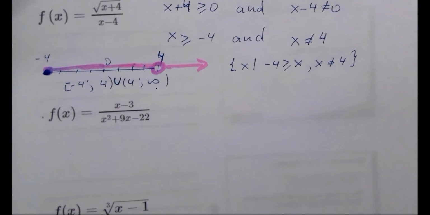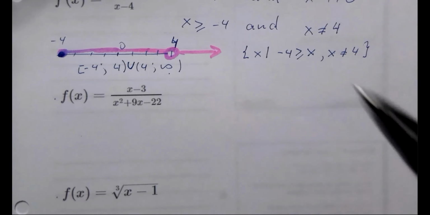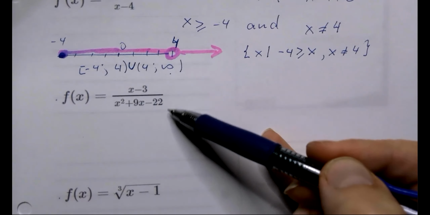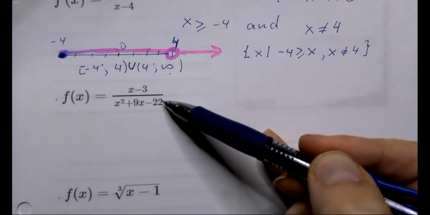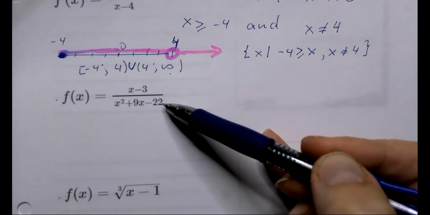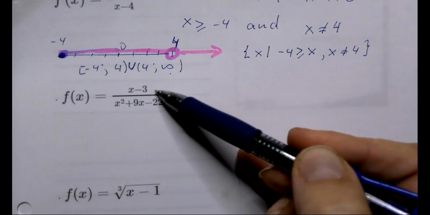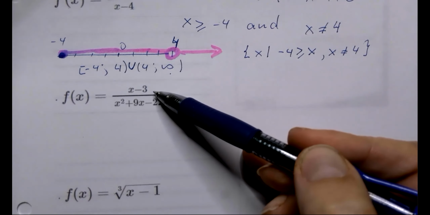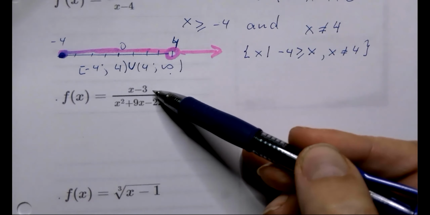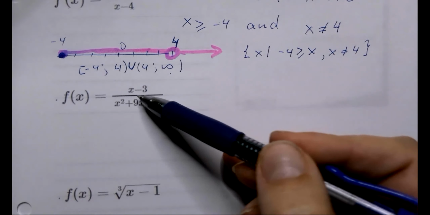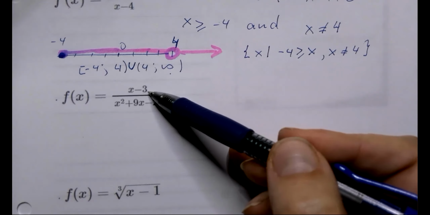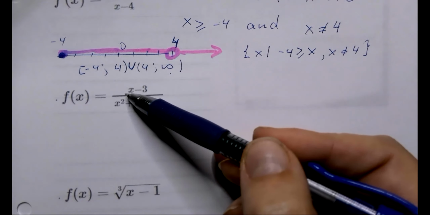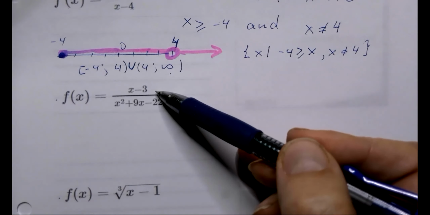Okay, so the next example. What if you have something like this? You have a polynomial in the numerator, a polynomial in the denominator. Again, we don't care what's going on in the numerator of this rational function. There is a polynomial and there is no restriction on the x values here.